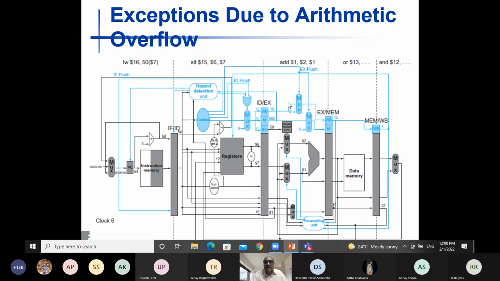Because the exception occurs in this stage, the EX flush will be used to feed the zeros to the control signals. If the exception occurs here, the ID flush will place the zeros into the control lines.